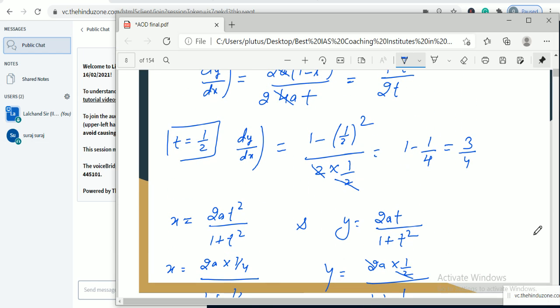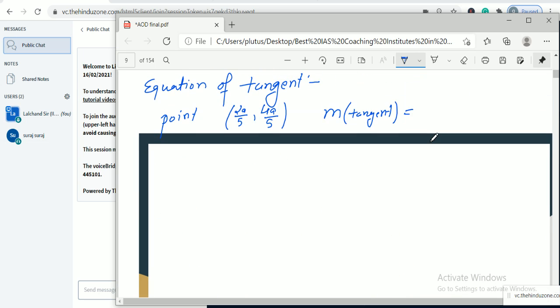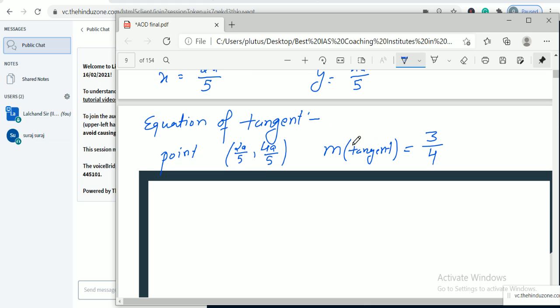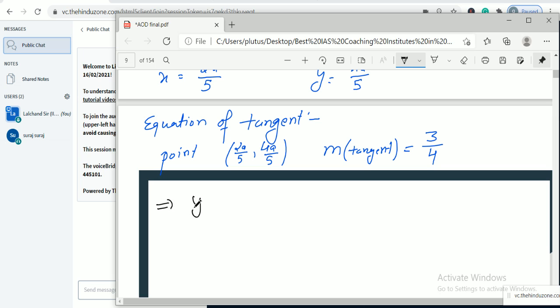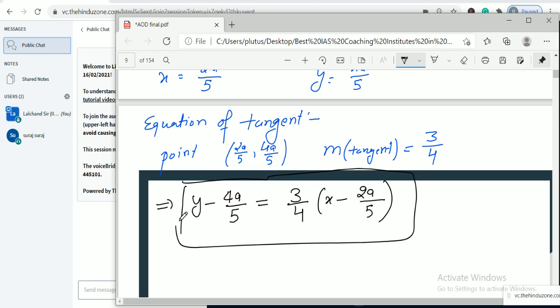Our final slope value is this, 3 by 4. Okay. So if you write the equation of tangent, then it will be y minus 4a by 5 equals 3 by 4 times x minus 2a by 5. Isn't it? This is the equation of tangent.